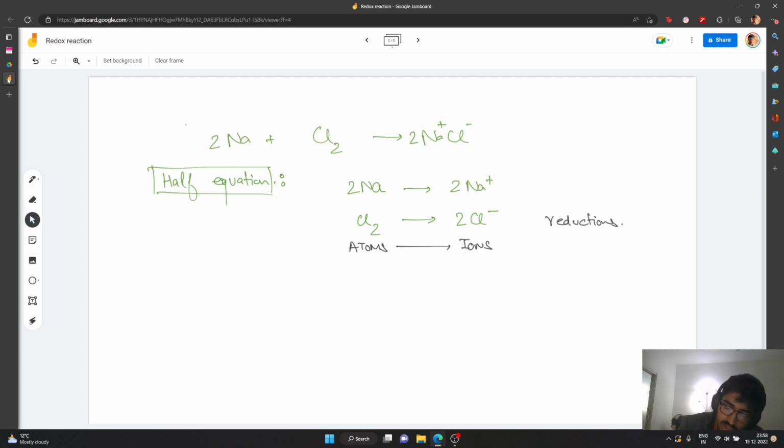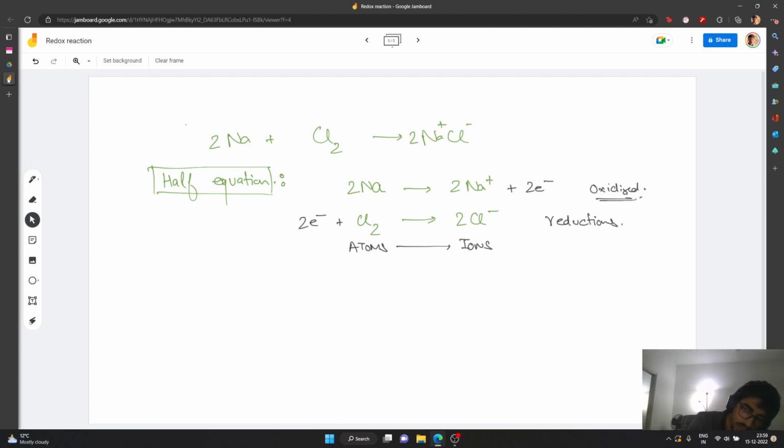So here there is reduction. Similarly, there were two atoms of Na. Each of them has lost an electron right here and formed this. So let's also complete this. We have two electrons coming in here. And this one is of course oxidized.